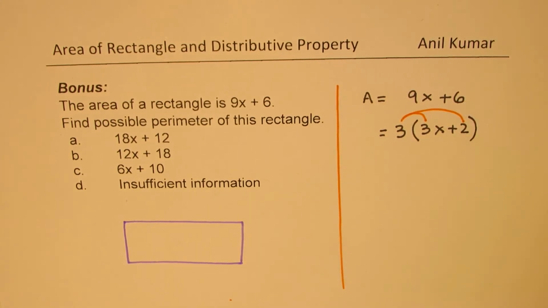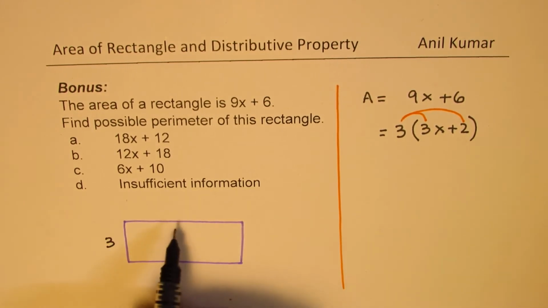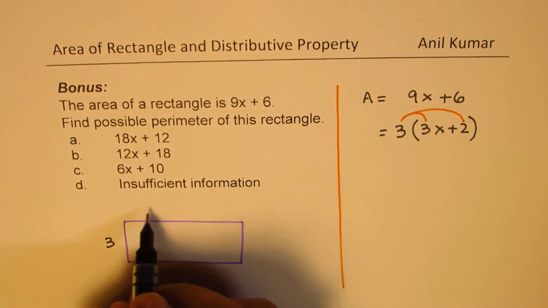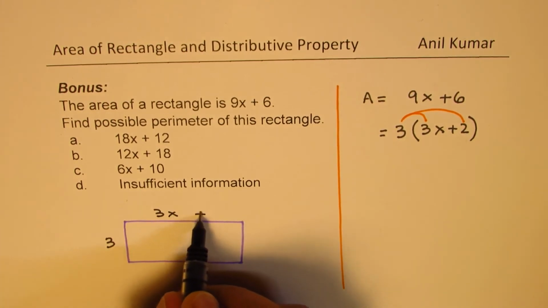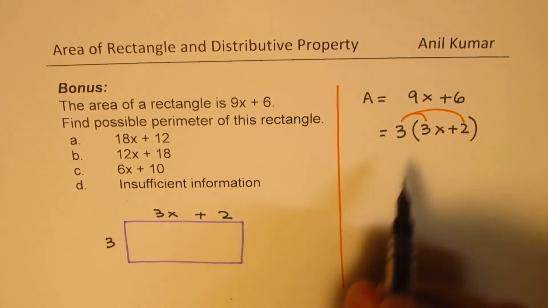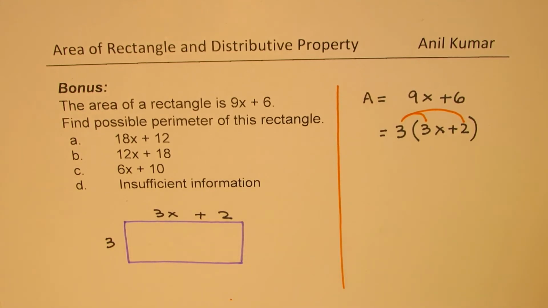So that works. It really means that if I have a rectangle whose one side is 3 and the other side is 3x plus 2, then that rectangle will represent this particular area, correct?